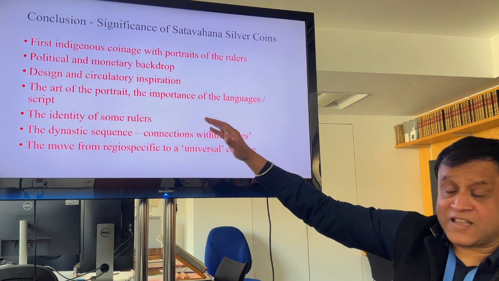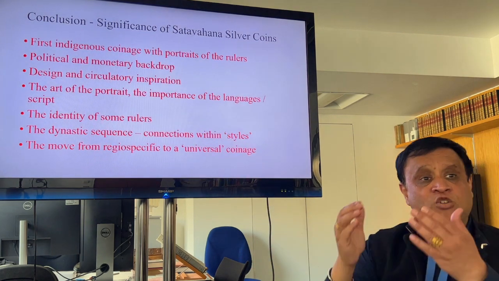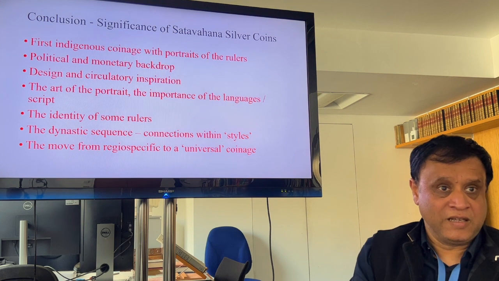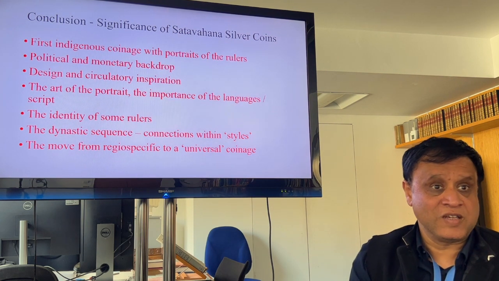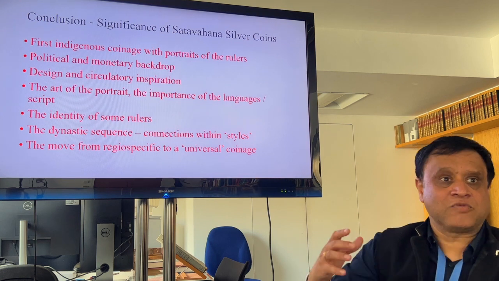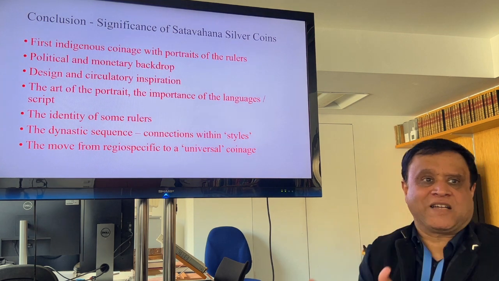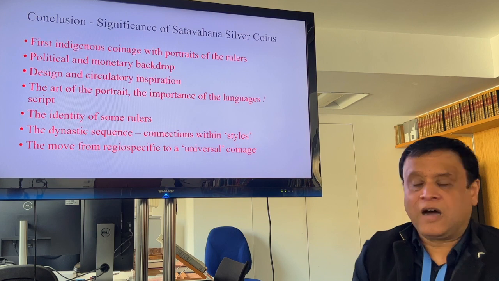So as against a silver denomination, there is a universal copper or potin mixed metal denomination also issued, which is the elephant type coins, and so it becomes essentially a bimetallic currency.